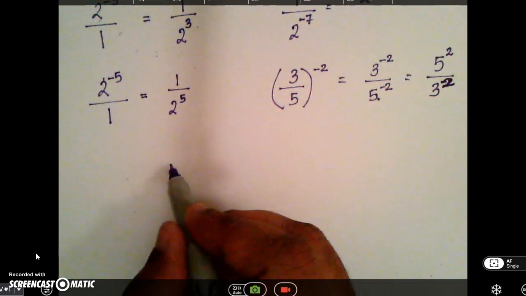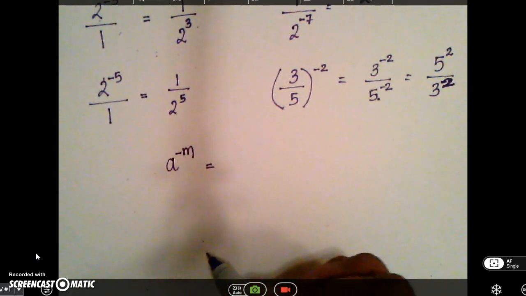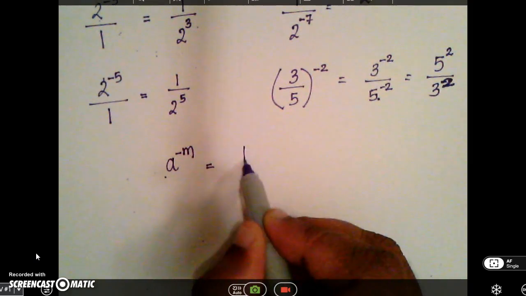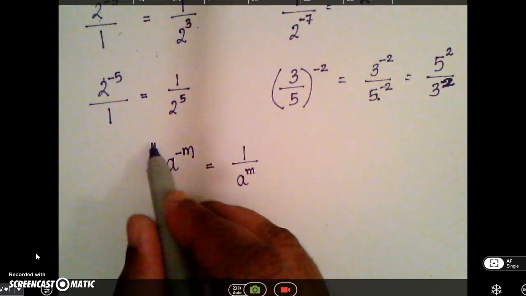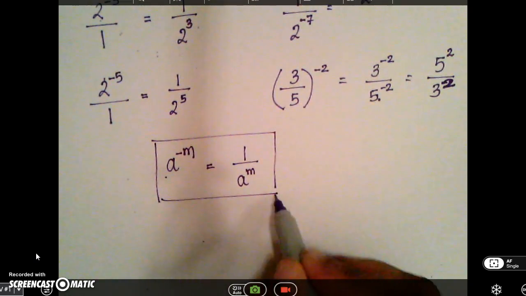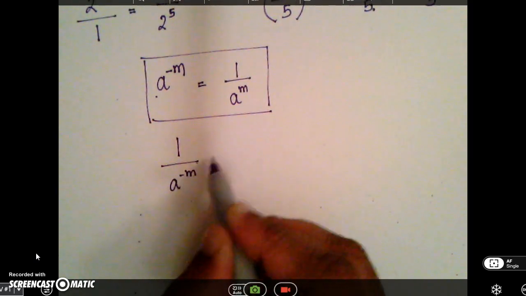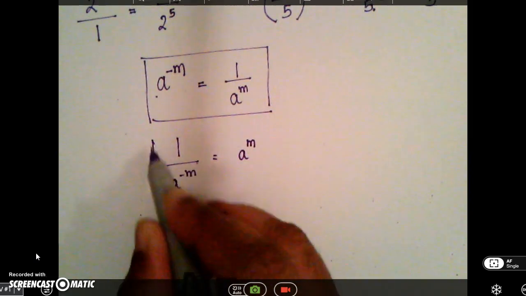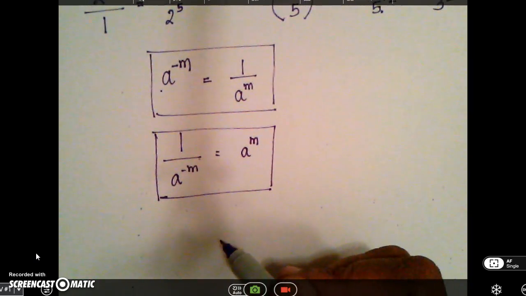So in general, if I have a negative power, a to the power of negative m, all I do is make it a fraction and flip the base, and it becomes a positive power. If I have a negative power in the denominator, all I do is take the power, flip the base, and bring it to the numerator, and it becomes a positive power.